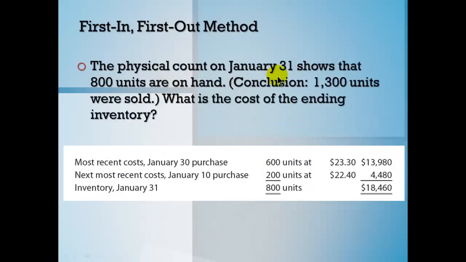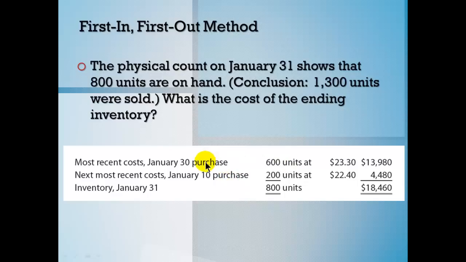So the physical count on January 30 showed that I had 800 units on hand, which means I sold 1,300. Remember, I started with 1,000, and then I made my purchases, and then I had 800 units left. Now, first in, first out.